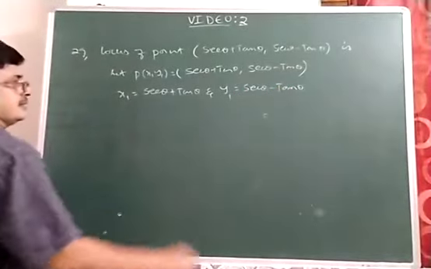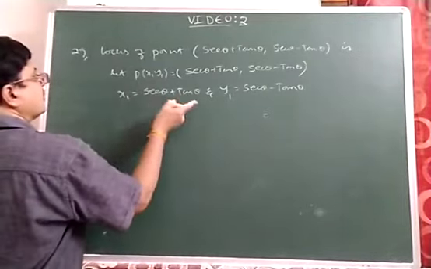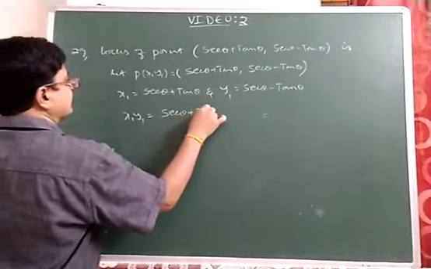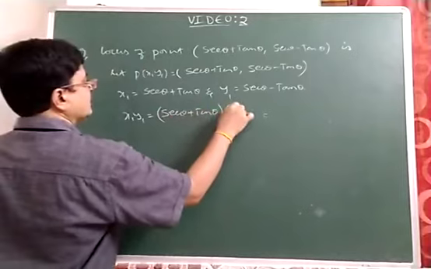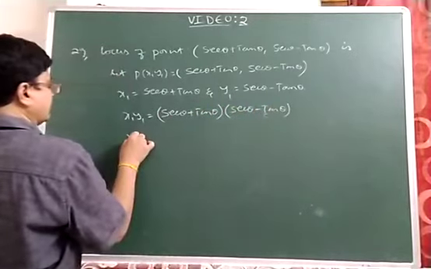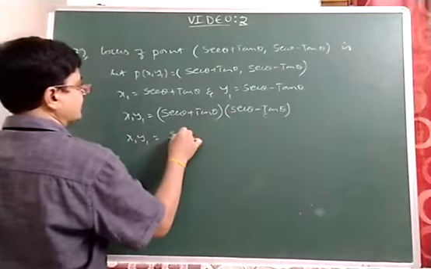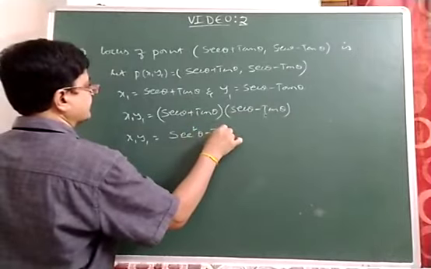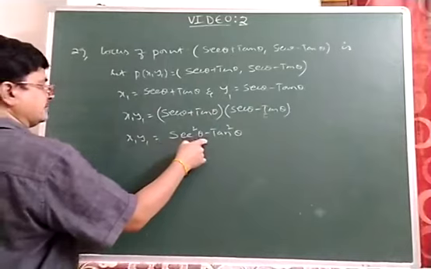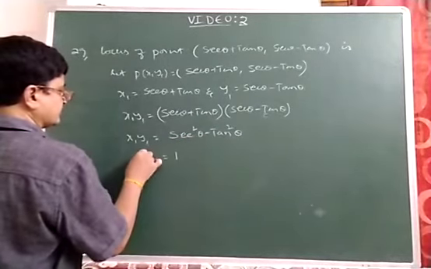Here eliminating theta is the process to find the locus. So multiplying, x1 y1 is equal to (secant theta plus tan theta) into (secant theta minus tan theta), that is (a plus b) into (a minus b), a square minus b square, secant square minus tan square theta. We know from trigonometric identities that secant square theta minus tan square theta is 1.